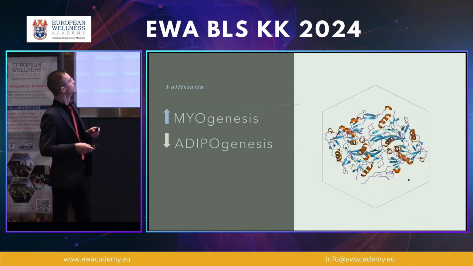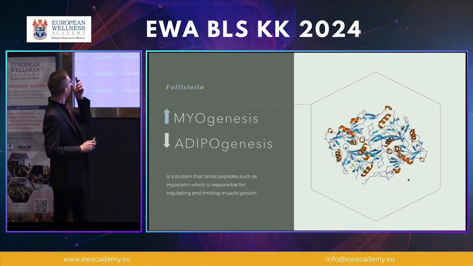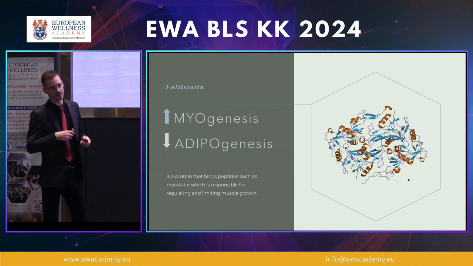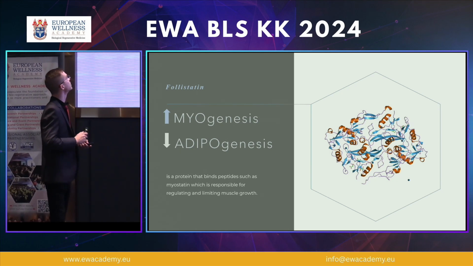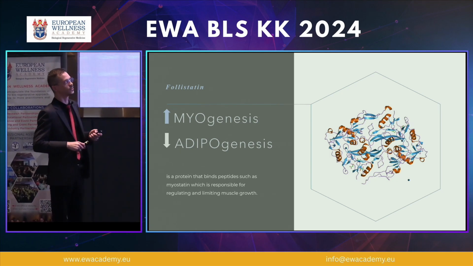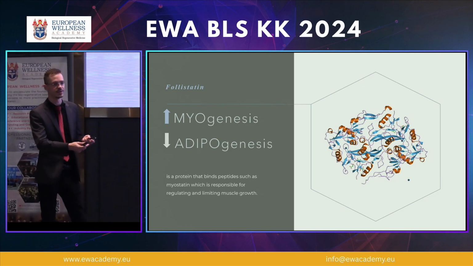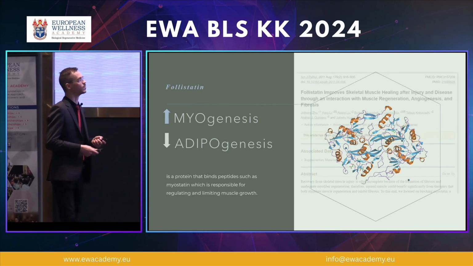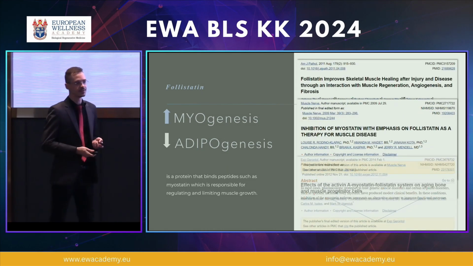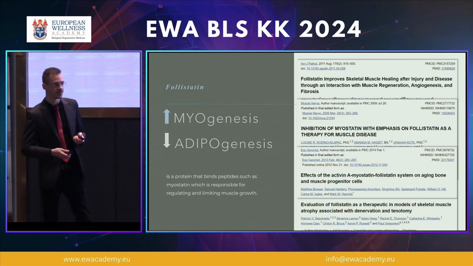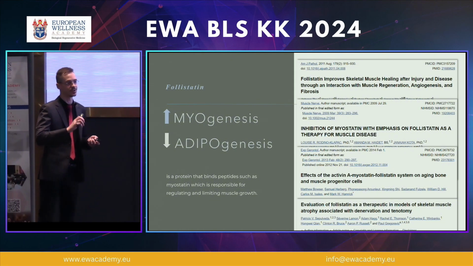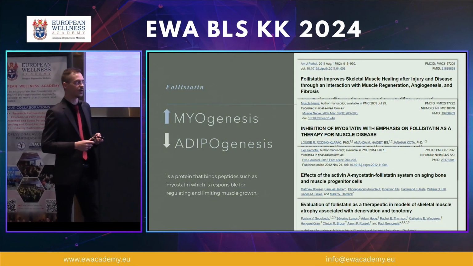Interestingly enough, there is another peptide called follistatin, which is also naturally produced in our body. This follistatin is able to bind myostatin. And if there is no effect of myostatin preventing our muscles from growing, we can actually stimulate muscle growth by just binding that myostatin protein.